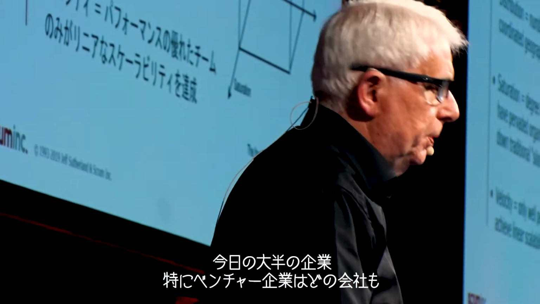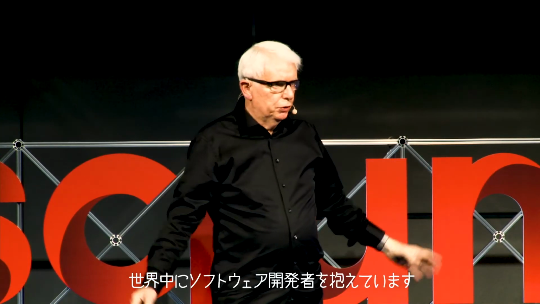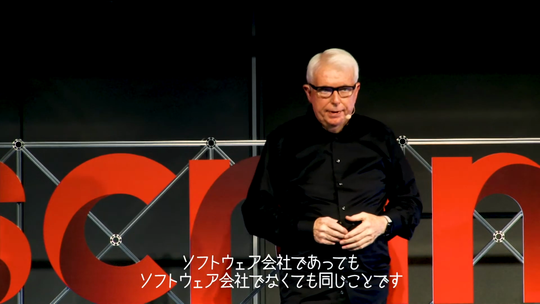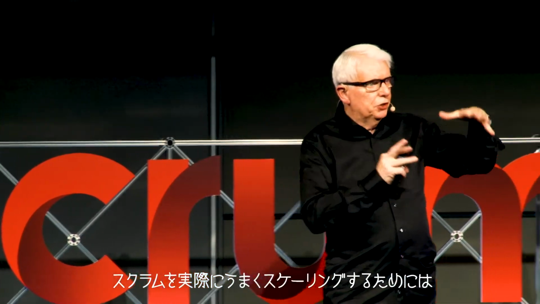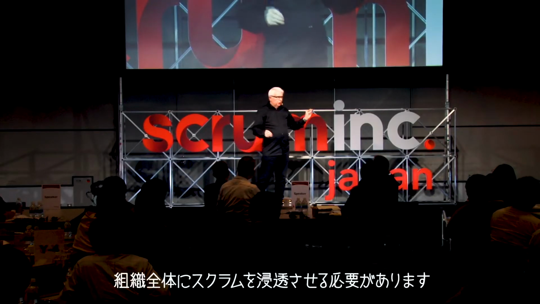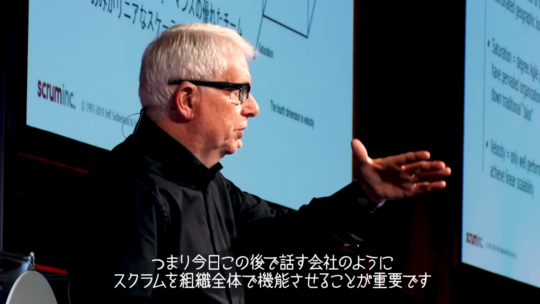Most companies today, particularly our venture companies, all of them have software developers all over the world. If they're software or if they're outside of software, it's the same thing. And in order to really scale Scrum well, we need to saturate the organization with Scrum. So moving Scrum across the organization.